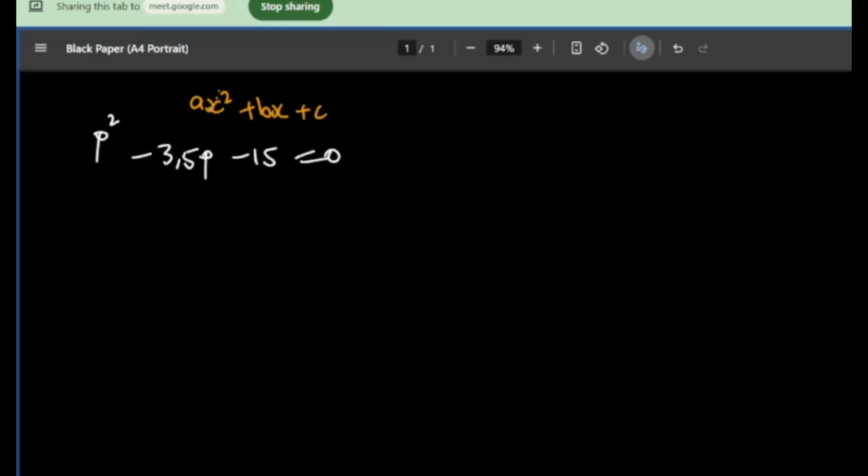Now we can just use the quadratic formula: p is equal to minus b plus or minus the root of b squared minus 4ac, and everything is divided by 2a. The value of b in this problem is this, this is c, and 1 there is the value of a.